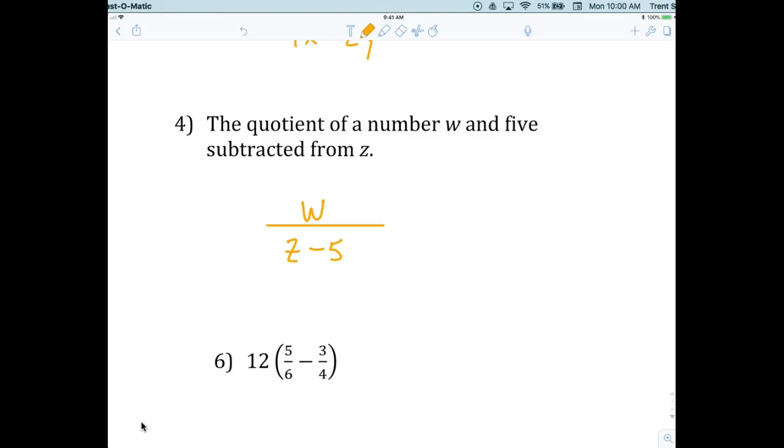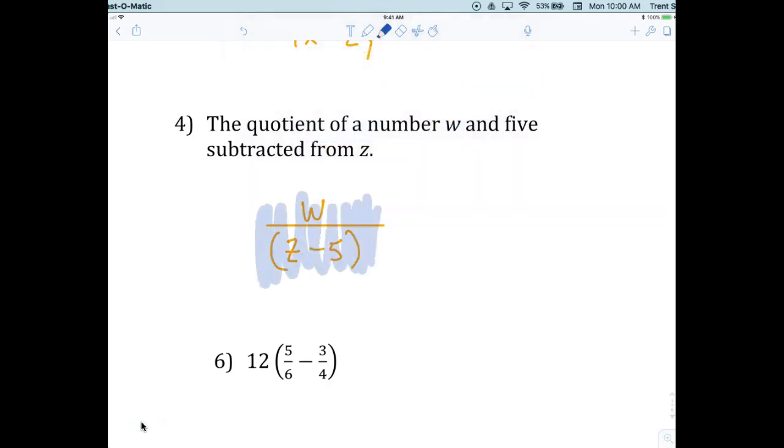Now remember, if you wrote it some other way, that's going to require you to have some parentheses. But this is how I want you to write it.